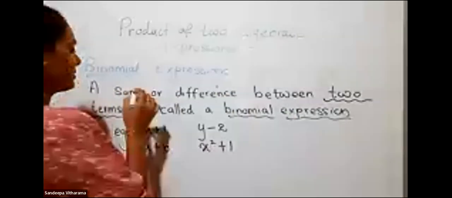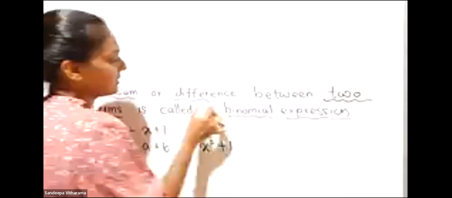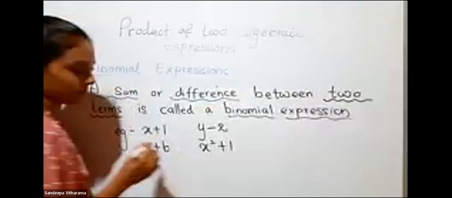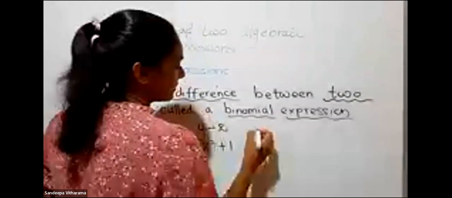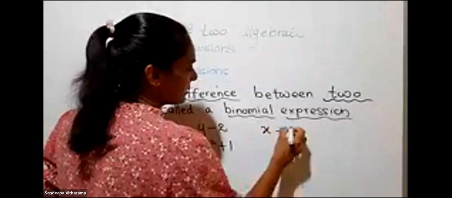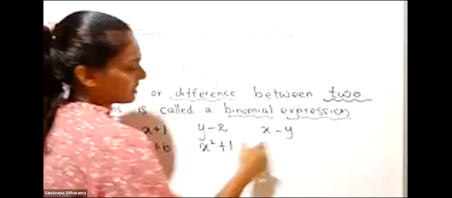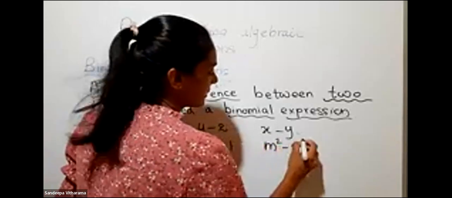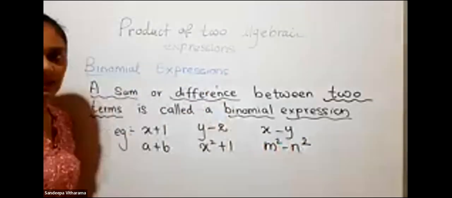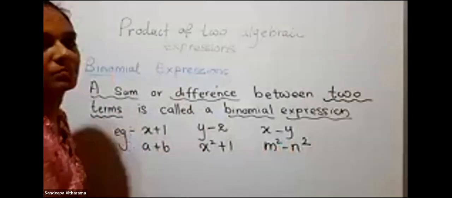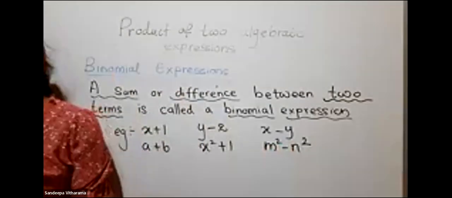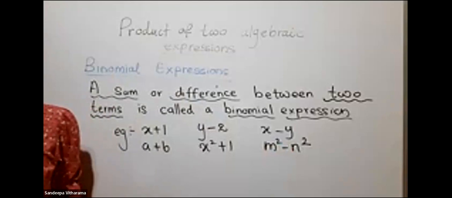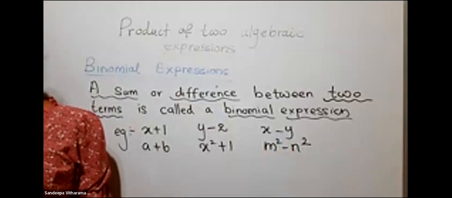There should be a sum or a difference between them. Okay, then x minus y, that means x subtraction y. m squared subtraction n squared. Okay, all these are called binomial expressions. Please write down this one.